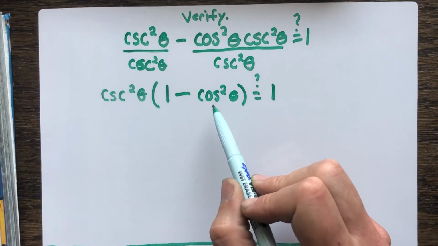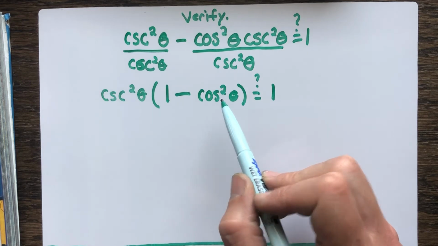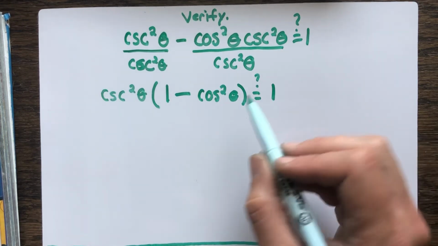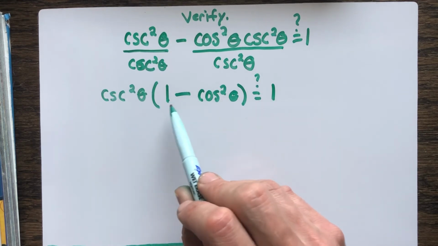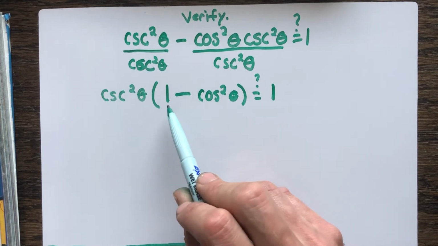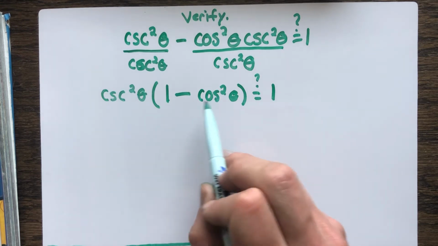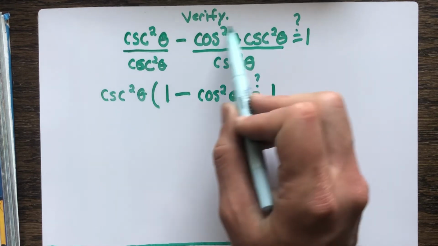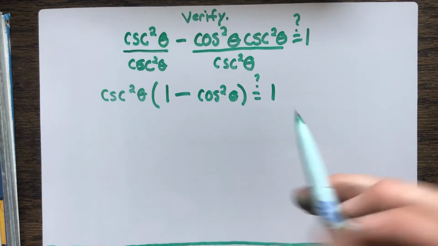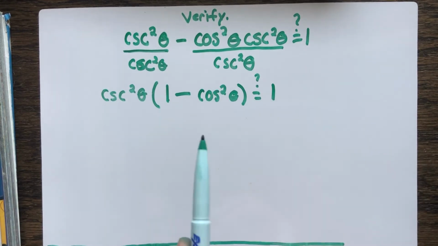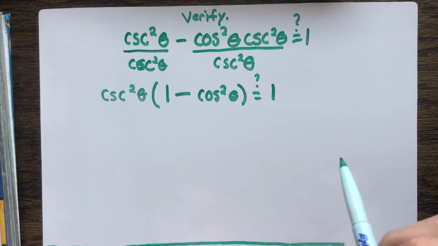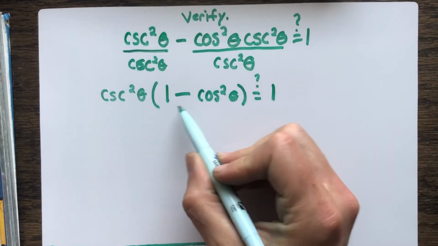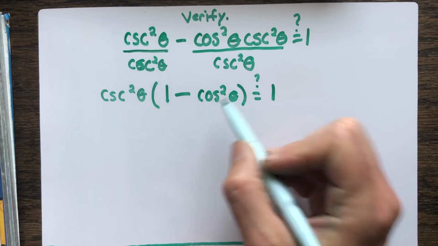Now, if you look at your Pythagorean identities, it doesn't look exactly like any of them, but it's really pretty close. It's got a couple terms that are involved, all right? And now because this is a 1 and that's just a cosine and we don't have this complicated thing anymore, we can probably do it. So look for the Pythagorean identity that has the terms that we have here. We have a 1 and we have a cosine squared.